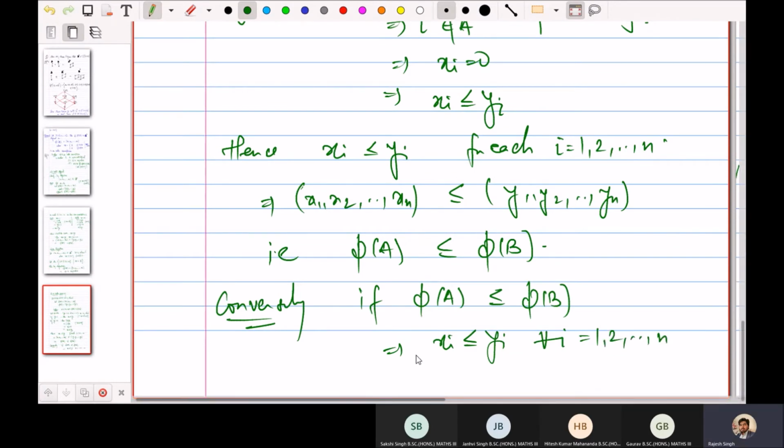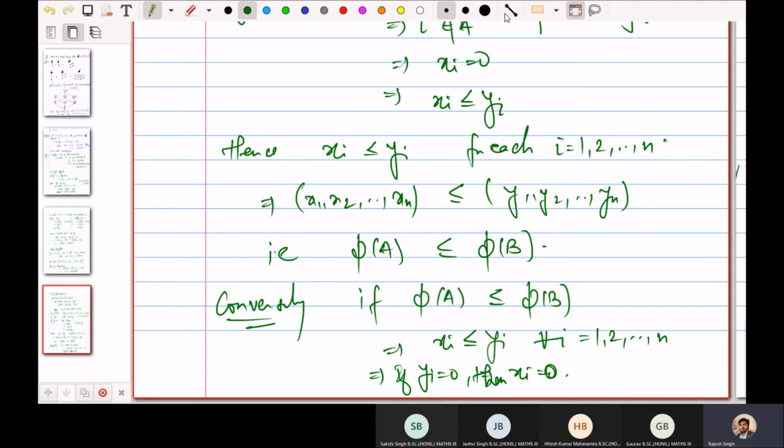So this implies yi equal to 0 implies xi equal to 0, right? If yi is 0, then it implies xi is also 0, because xi is related to yi, so if yi is 0 then xi becomes 0.